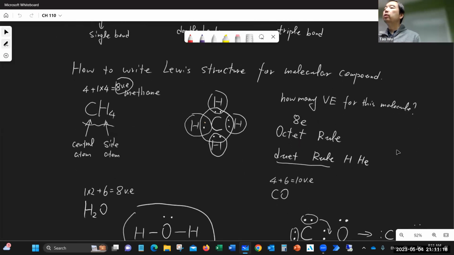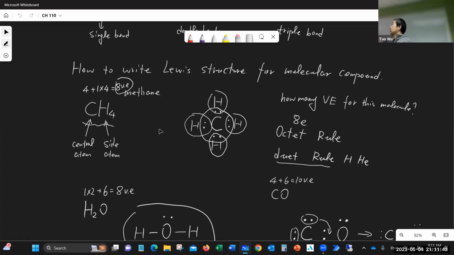So we need to talk about how we can make the correct formula for the molecular compound. You first need to count how many valence electrons there are for this compound. For example, 8, 7, 8, total 16. Usually when you count the valence electrons, most of the time it is an even number.